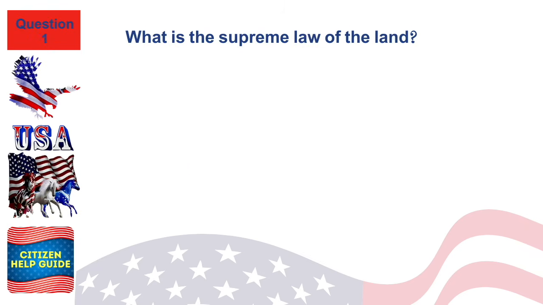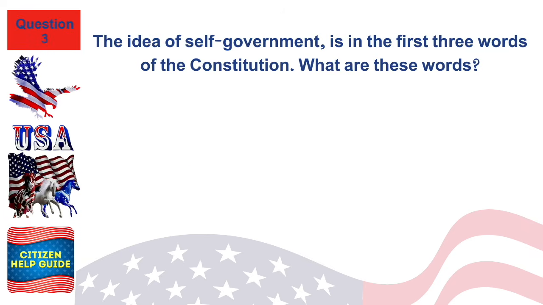What is the supreme law of the land? The Constitution. The idea of self-government is in the first 3 words of the Constitution. What are these words?